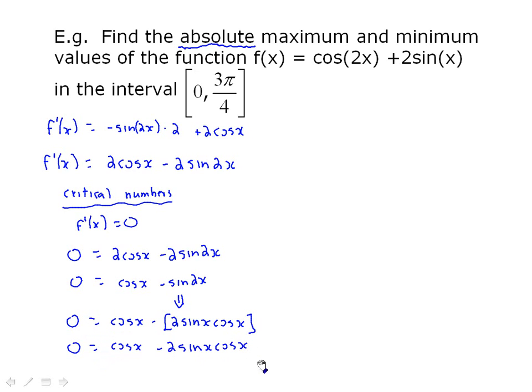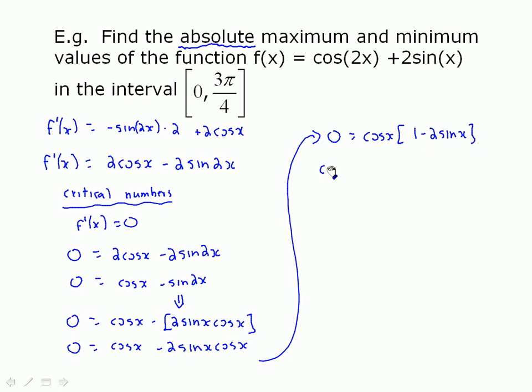The bracket, of course, in this case didn't really make a difference because there's no addition with it, but make sure that you do that just for safety's sake. Take out a factor of cos x. We've seen this sort of thing before. So 0 is equal to the cosine of x multiplied by 1 minus 2 sine x.